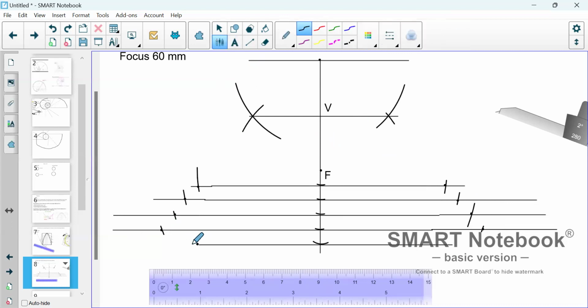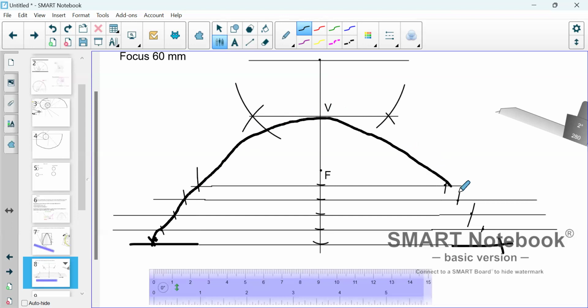Well, of course, we know this one is supposed to come out here, and we get a point. This one is supposed to come out more, we get a point, right? So from the base, we plot our parabola, come around, touch the vertex, and go down back, right? And it will be balanced on both sides.